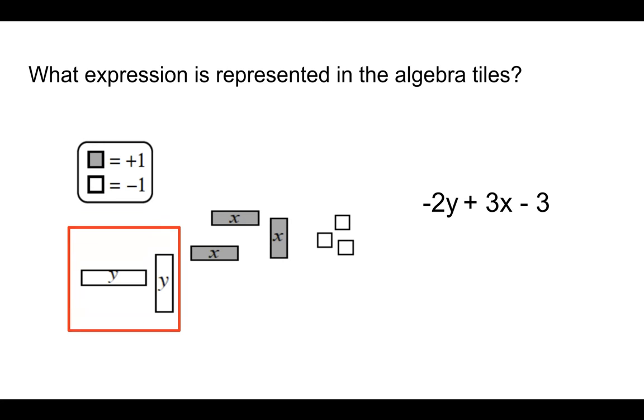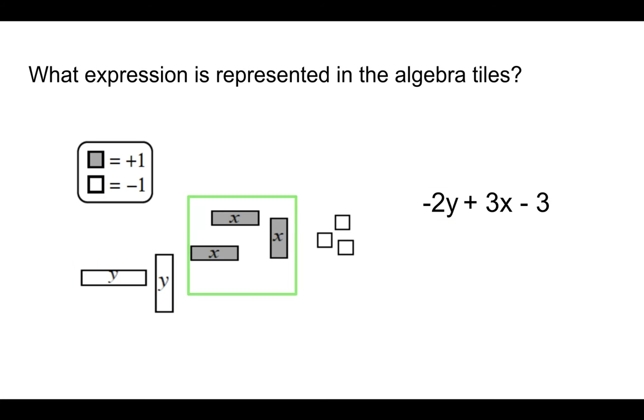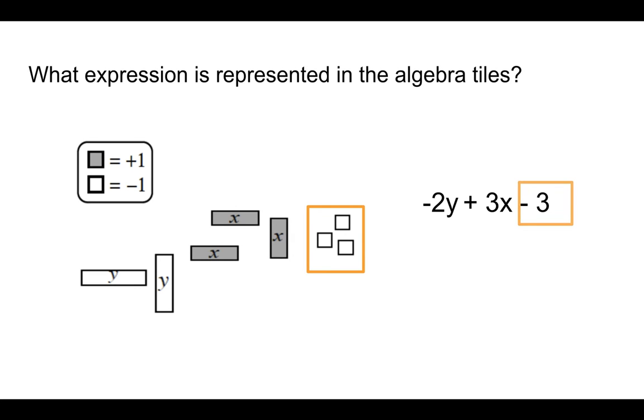So first of all, you have these two negative y's, because remember they're white, so that makes them negative, and there's 2 of them. So I write negative 2y. Then I've got 3 of these x's here. They're all positive, so hence positive 3x or plus 3x. And then lastly, the 1's here, they're all negative because they're white, and so we put minus 3 at the end. And then you end up with this final expression.